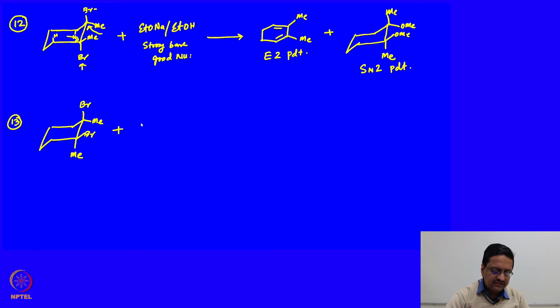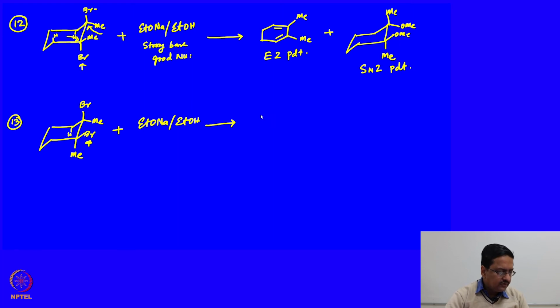If we had used the same base and solvent combination, what would happen? So, now what we see is that for this bromine there is no hydrogen in the anti-periplanar orientation, but for this bromine we have the hydrogen which is in anti-periplanar orientation.